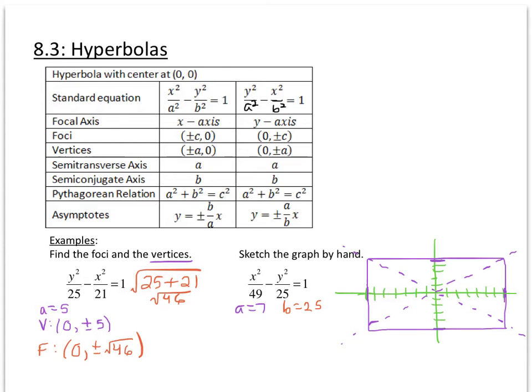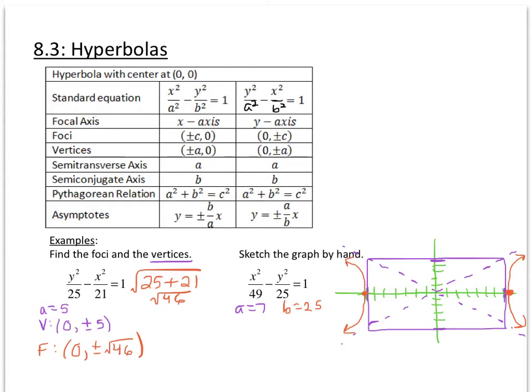Since x squared is first, we're going to draw our graph on the left and right side of our box. Our vertices are here at the edge of our box, and then we go kind of like a left and right opening parabola towards our asymptotes.